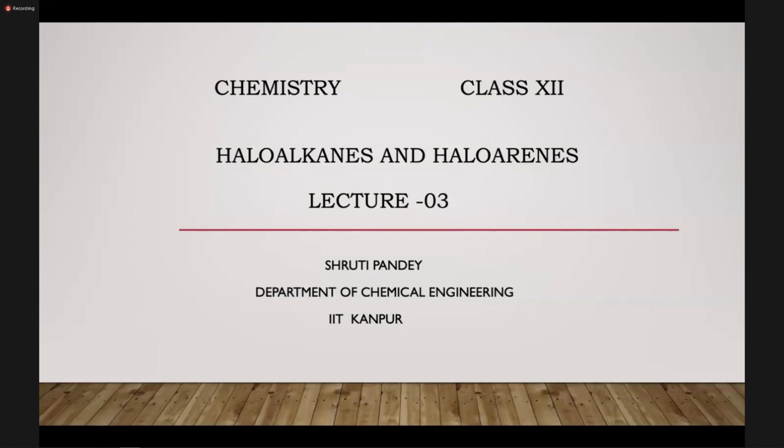Then we talked about the methods of preparation of haloalkanes, and we started with the first method, which was using alcohols. It contained three subcategories: one was using halogen acids, the second was using phosphorus halides, and the third was using thionyl chloride.